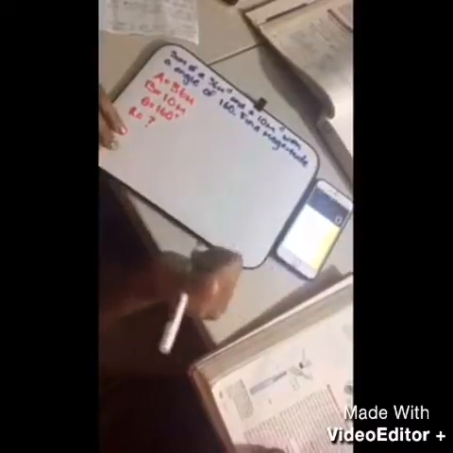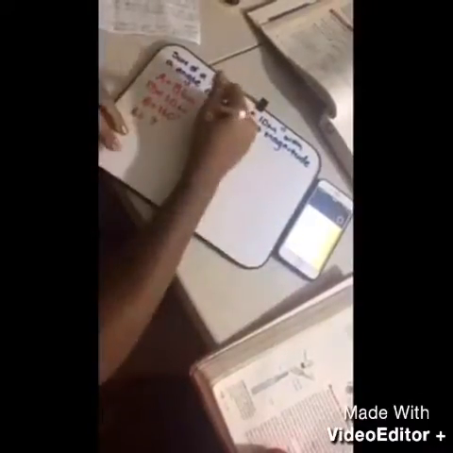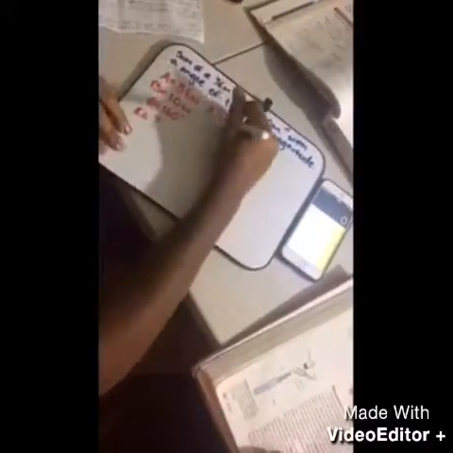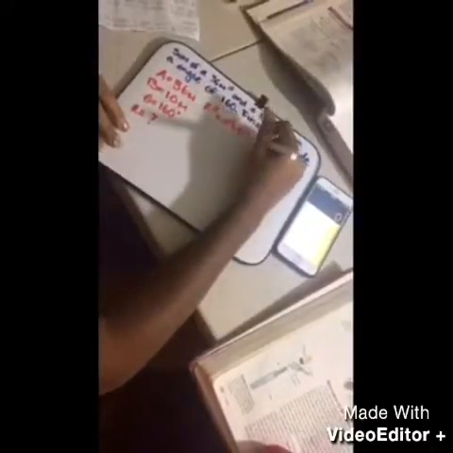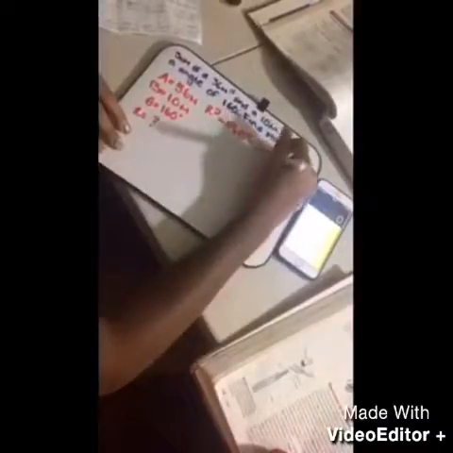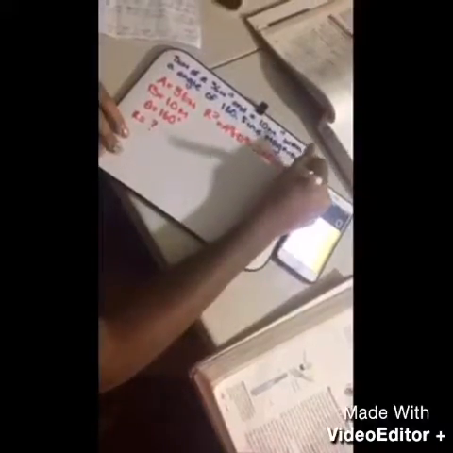Well, for this problem, we will use the law of cosines, which is R squared equals A squared plus B squared minus 2AB cosine of theta.